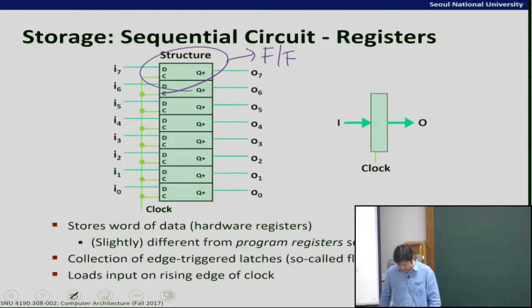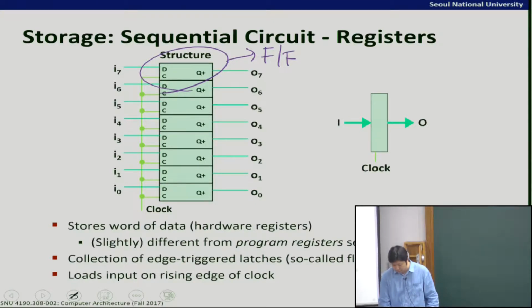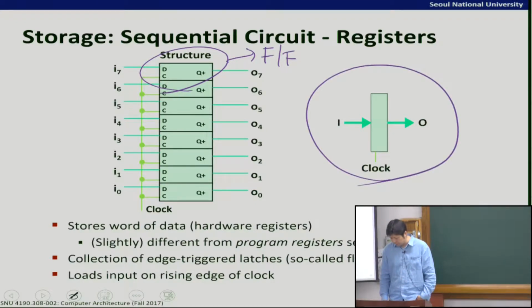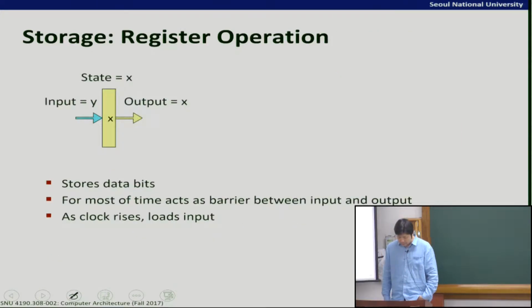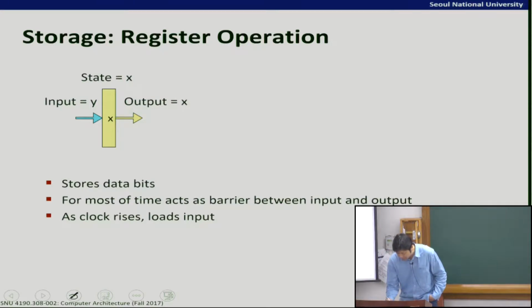This one is a collection of edge-triggered latches, so-called flip-flops, and loads a new value on the rising edge of the clock. And this is the symbol for a register. So a register works like this. Input comes in. Of course, there's a clock coming in here; it's not shown.